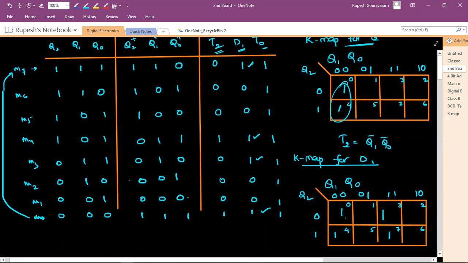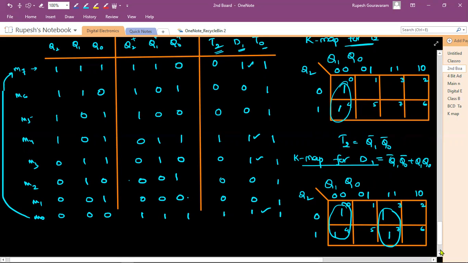If you want to combine this using the K-map, you can combine these two ones, and the equation becomes Q1 bar, Q0 bar. And if you combine these two, it becomes Q1 and Q0. So what will be D1? D1 is equal to Q1 bar Q0 bar plus Q1 into Q0.